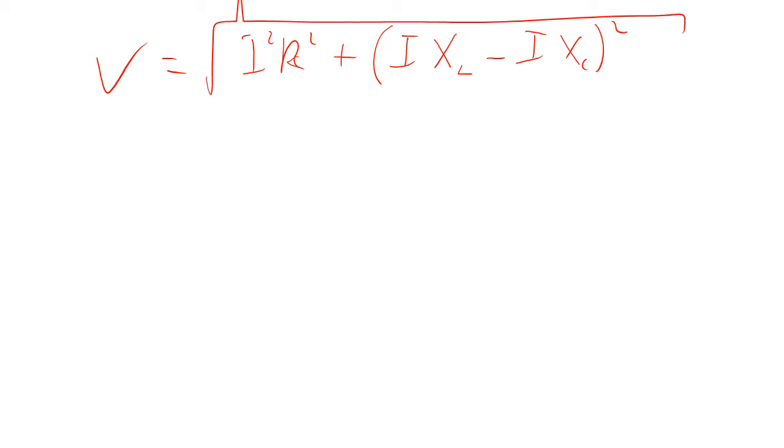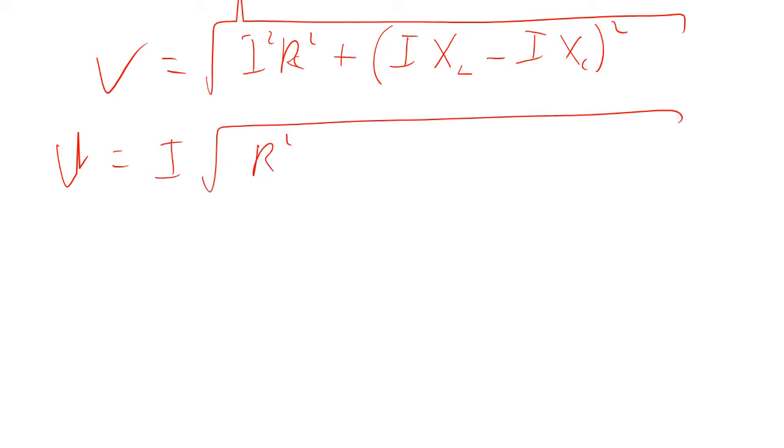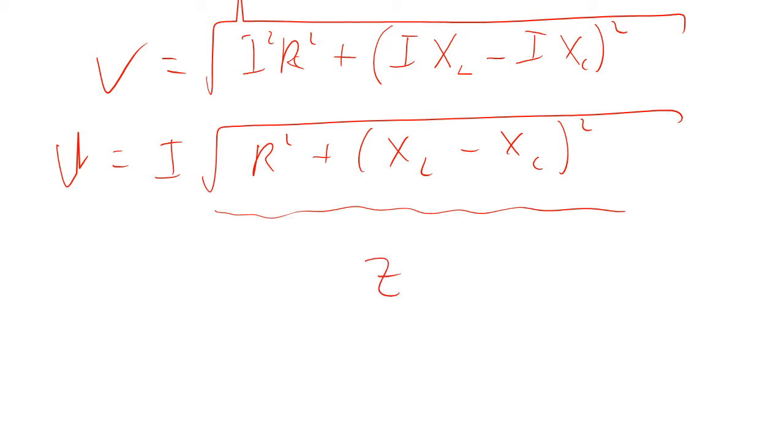Okay, we can factor out: V equals I times the square root of R squared plus XL minus XC squared. Okay, well, V equals IR, but obviously this thing right here is not R. This is something else. We're going to call that Z for impedance. So V equals IZ. So that's our impedance.